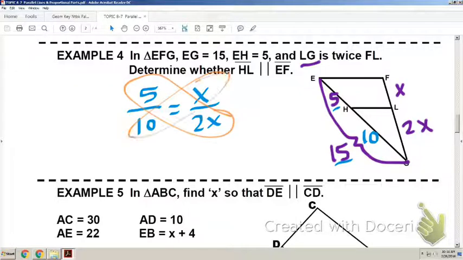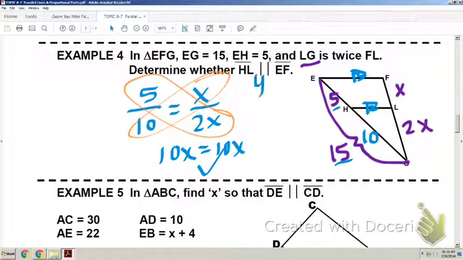So if we cross multiply, we get 10x equals 10x. So yes, these are equal. So that means these lines are parallel. So we can say yes. If they weren't equal to each other, then we would say no, they're not parallel.